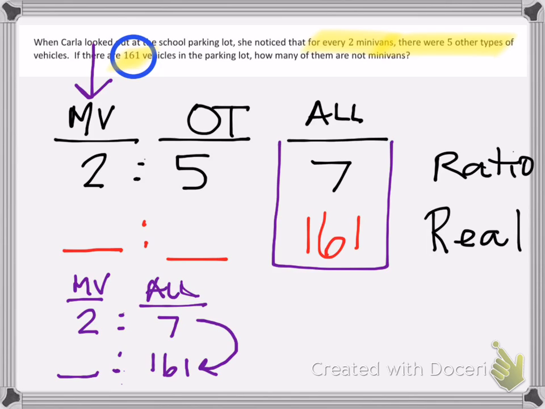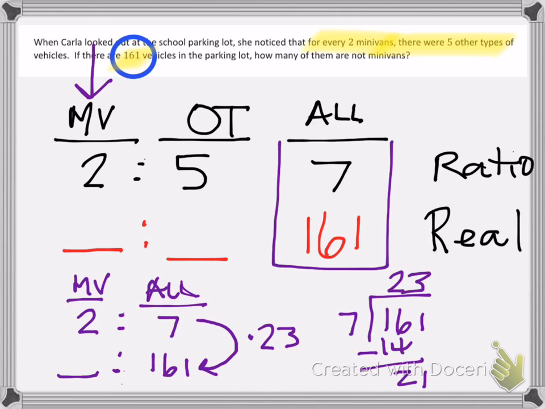Well, I don't know what that is, so I'm going to divide. 161 divided by 7. 7 goes into 16 2 times. 2 times 7 is 14. Subtract, I get a 2, bring down the 1. 7 goes into 21 3 times. It's 23. So my constant is 23.